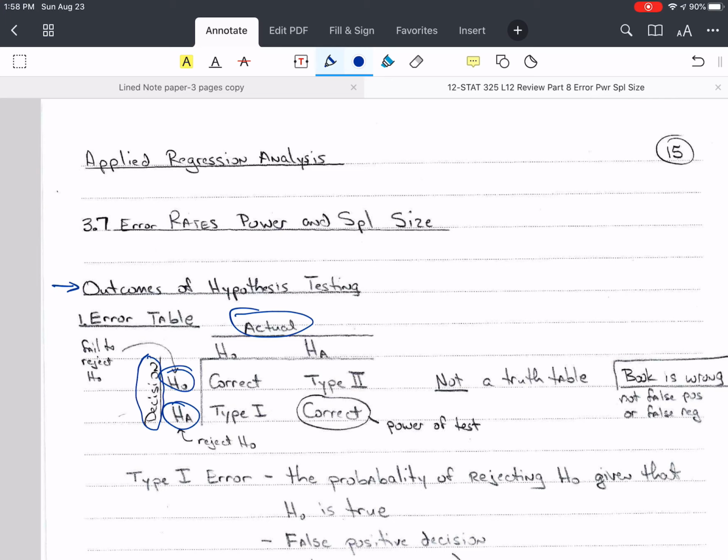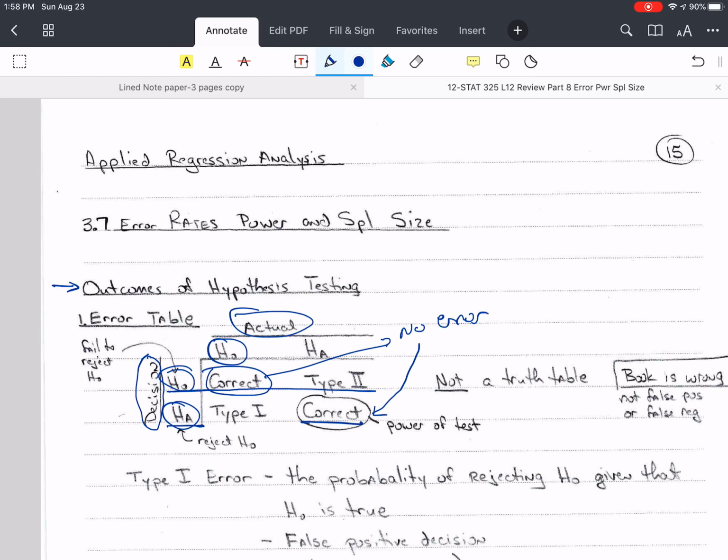So we have this table here, and we'll look at the top line first. If we fail to reject H naught, and H naught is true, then we've made a correct decision, no error. The same thing here: if we reject H naught, HA is true, and it really is true, then there's no error.